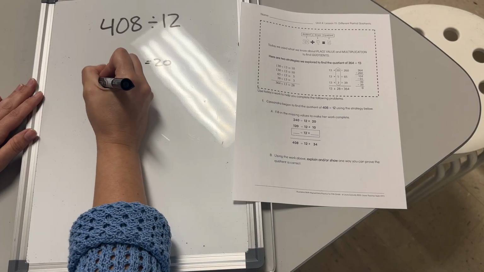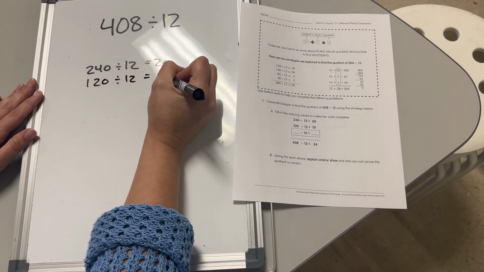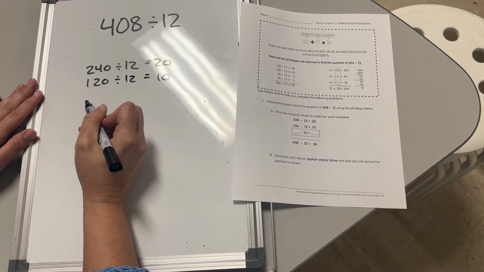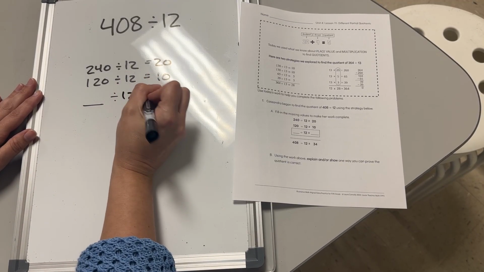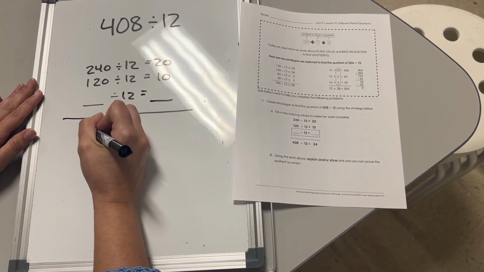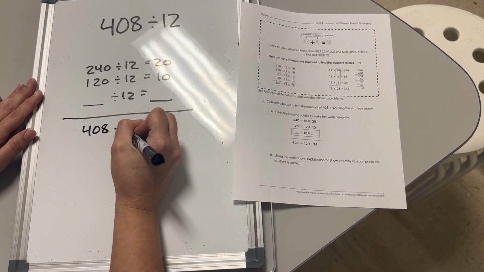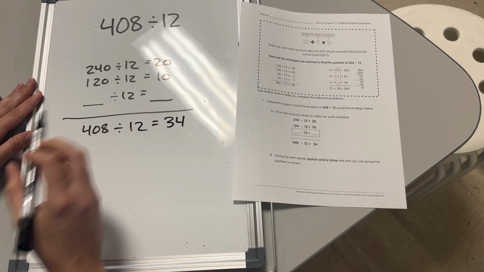Then she did 120 divided by 12, and that gave her 10. And then there's a mystery number. This is the one that we have to figure out, that she divided by 12. And when she did all of that, she ended up with a final answer, 408 divided by 12, of 34.